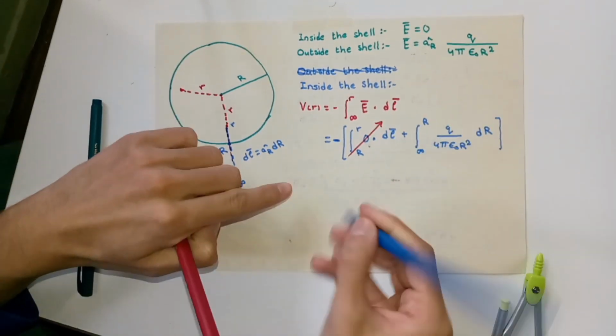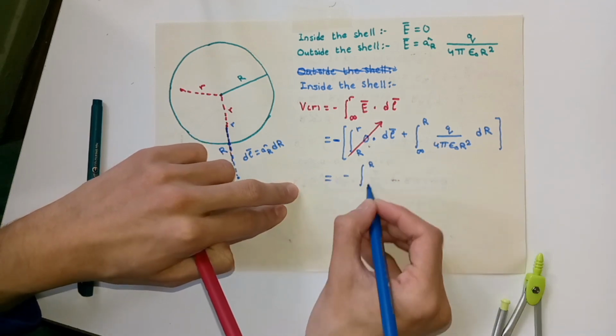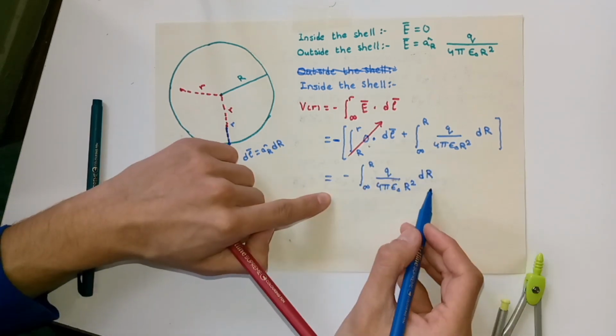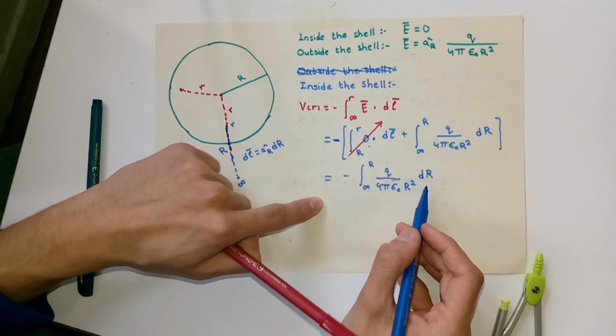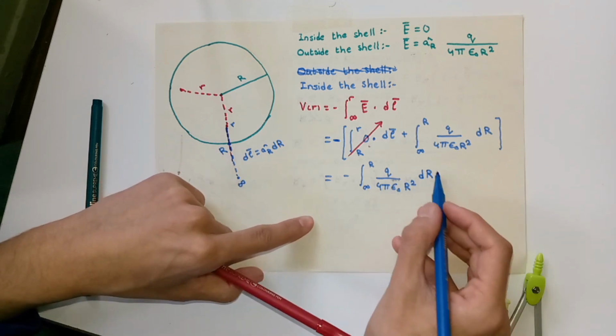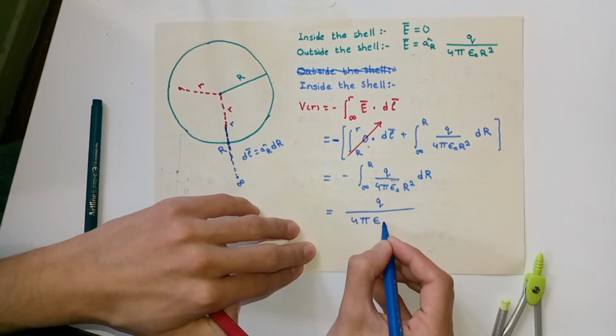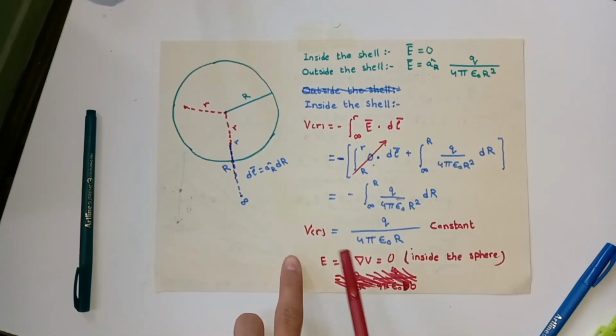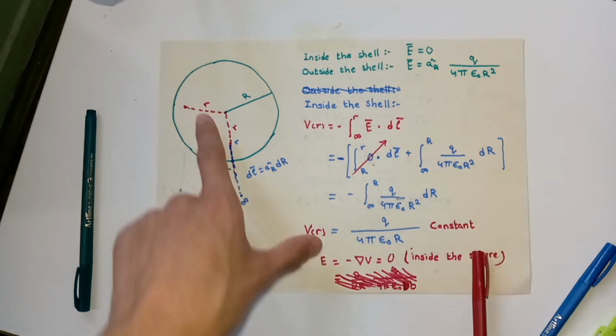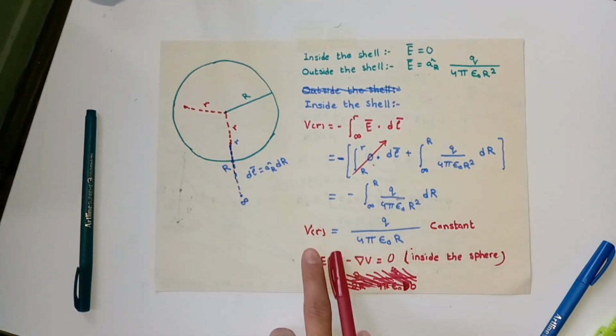We will end up with this term only. Now let's apply the integration, and we have applied it before. We applied an identical integration to this, and the answer was this, and this is the potential inside the spherical shell.